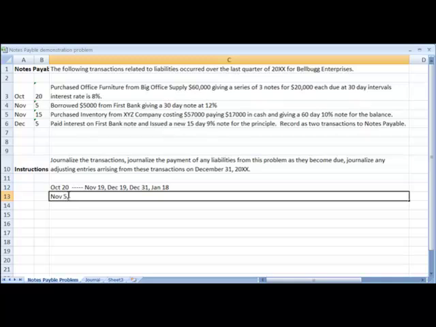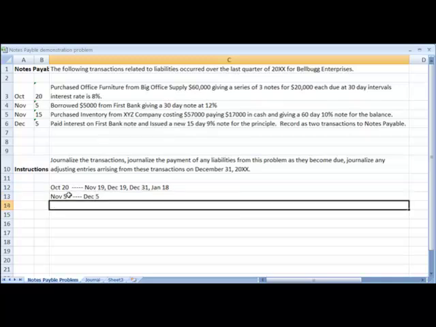Now this second one, this November 5th, causes us to have a journal entry originally on November 5th, and then we will have one on December 5th.